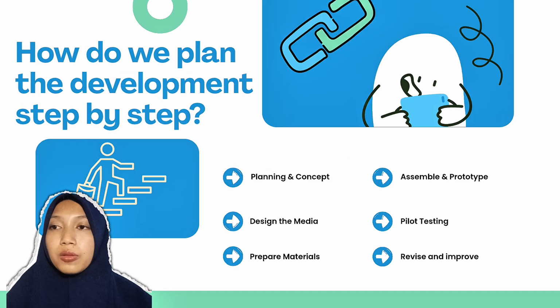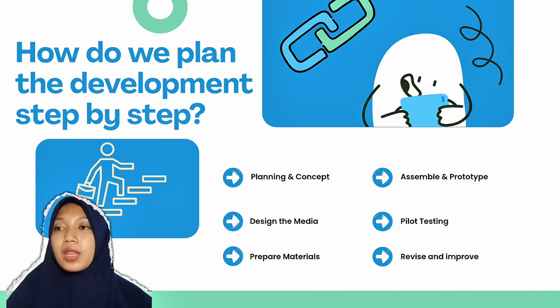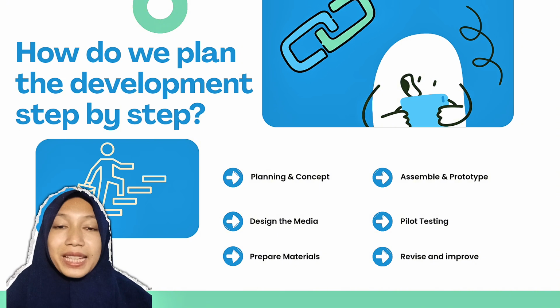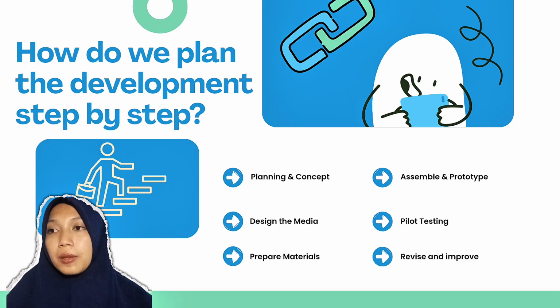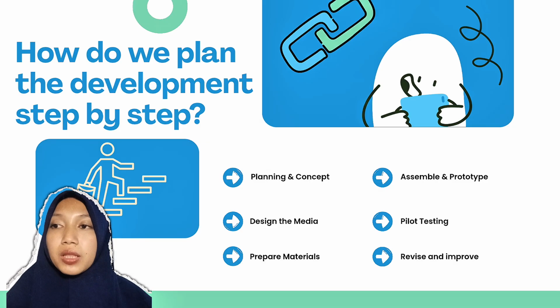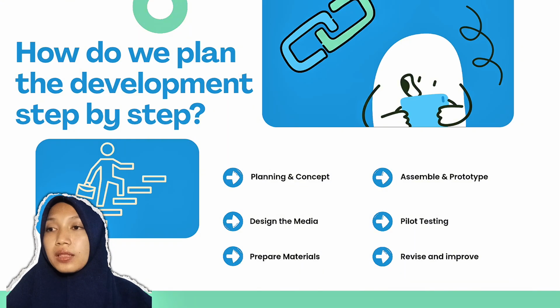And now, how do we plan the development step by step? First, we would have planning and concept, by defining the learning objective to teach procedure text for 12th grade effectively, and then deciding on the two spin system.